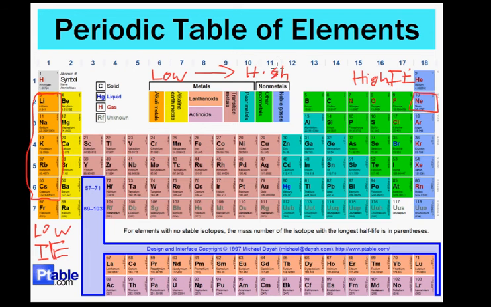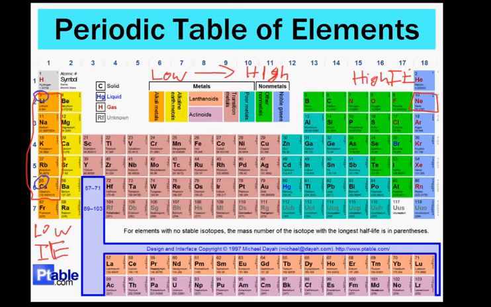Alright, so now let's look at it going down the periodic table. So lithium here only has 3 electrons, so that means it has a relatively small electron cloud. Now on the other hand, look all the way down here.